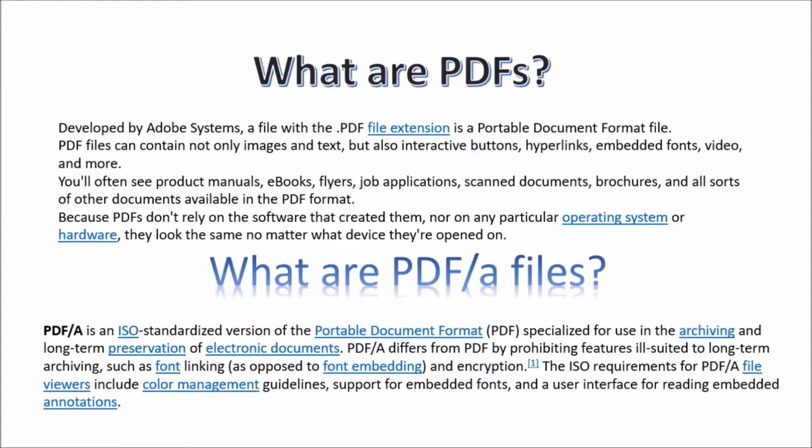It specializes in the creation of PDF files that are good for archiving and long-term preservation. PDF/A differs from the PDF by prohibiting features ill-suited to long-term archiving, such as font linking as opposed to font embedding. And what's important here, I want to just discuss this a little bit.